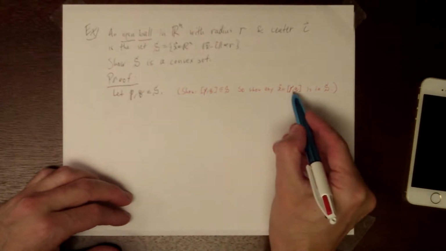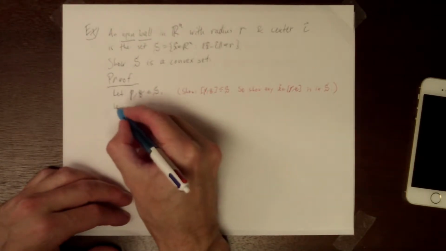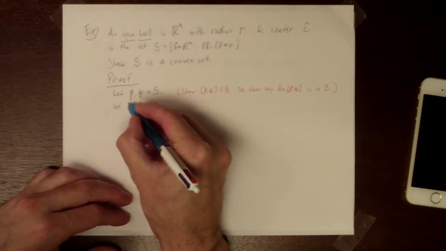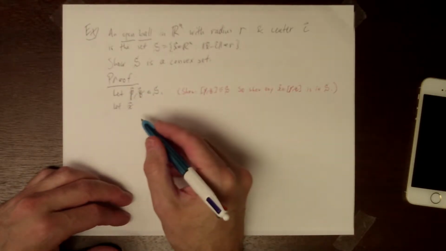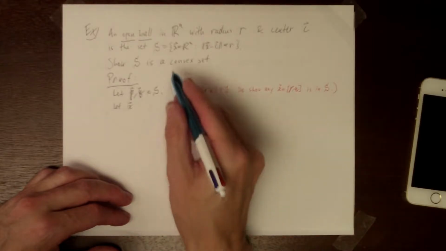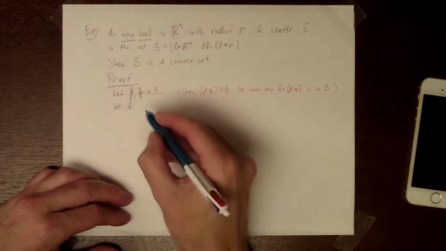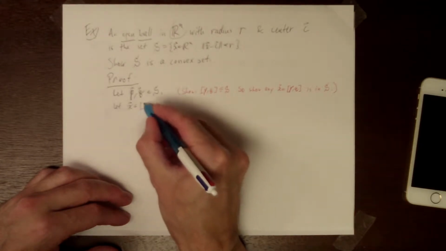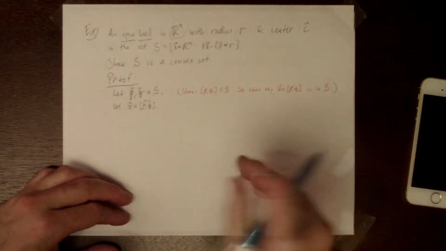just say let X be in the segment from P to Q. I'll put a little harpoon. I'm going to be consistent. On this page, I'm putting little arrows, or harpoons as they are sometimes called, over everything that's an element of R^n. So let X be an element of this segment, P to Q. What does that mean?